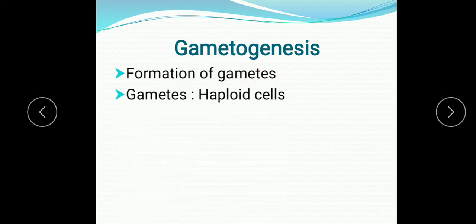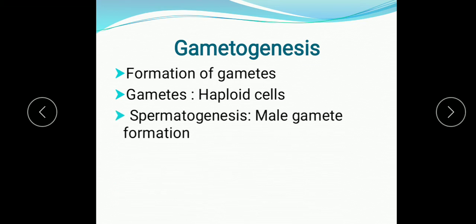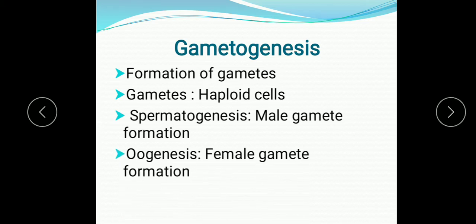And what are gametes? Gametes are the reproductive haploid cells. They are produced by the male and female primary sex organs by meiosis. When they are produced by the male, they are the sperm, and when they are produced by the female, they are known as the ovum.